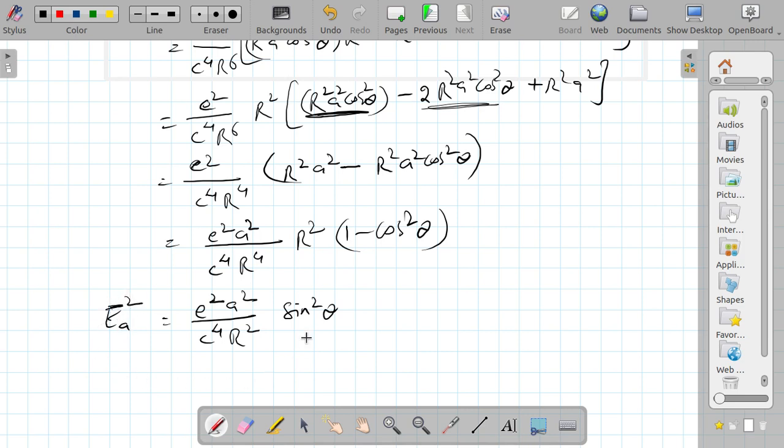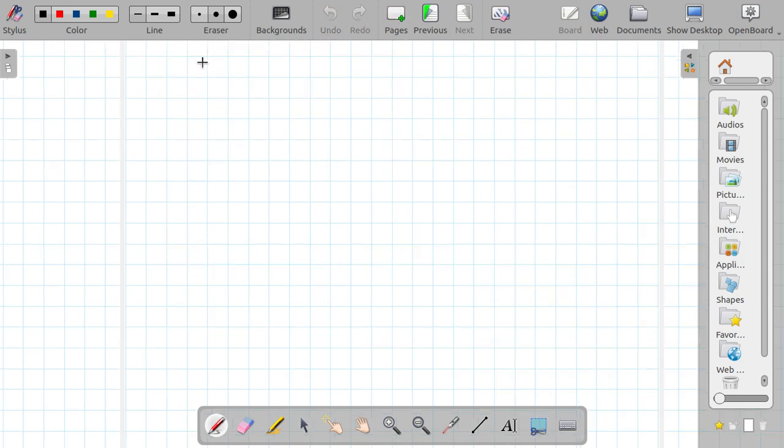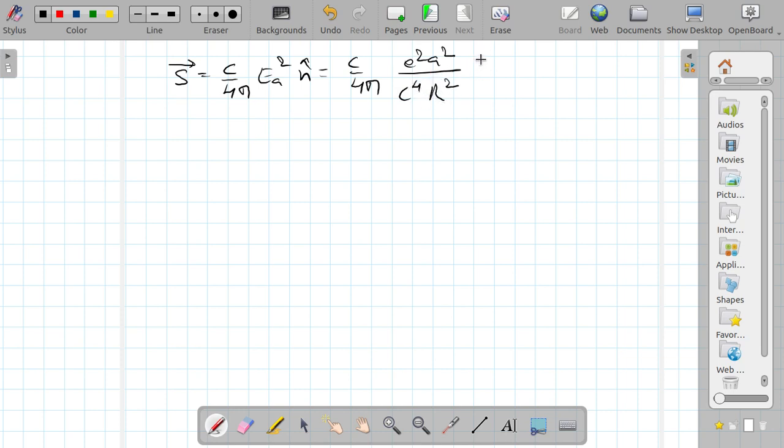So now this is the expression for E square. Now we have to use this E square in the expression for the Poynting vector. So the Poynting vector will become S is equal to C over 4 pi E square n cap. So it is C over 4 pi, E square A square over C^4 R square sine square theta, and n cap should be there, and this C will cancel out with this, so it is C cube.